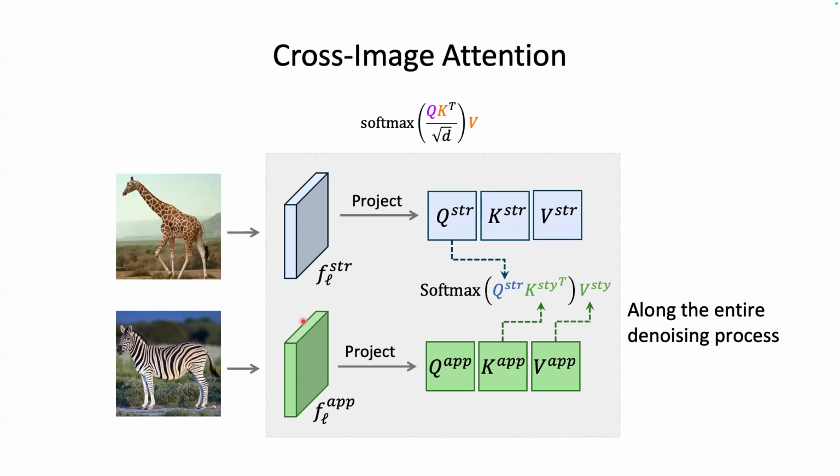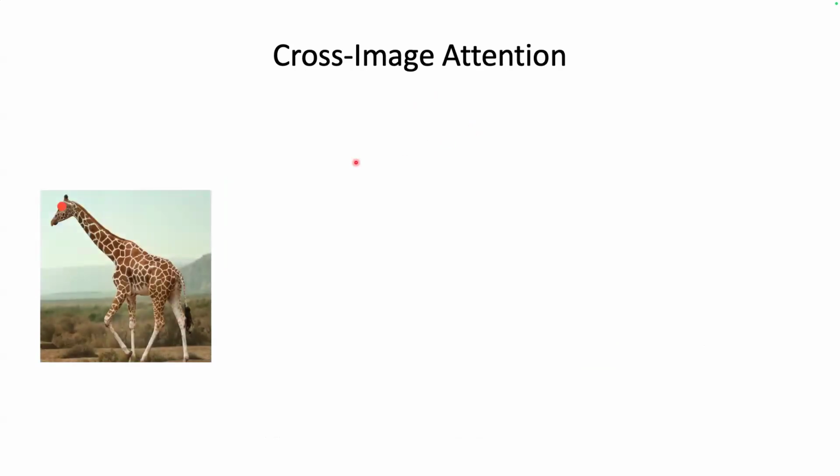Okay, and why does it work? So we've seen how these cross-image attention maps look, but why are we taking the values from the appearance image? So if we take, for example, this red point on the head of the giraffe, what is going to be the output feature here?